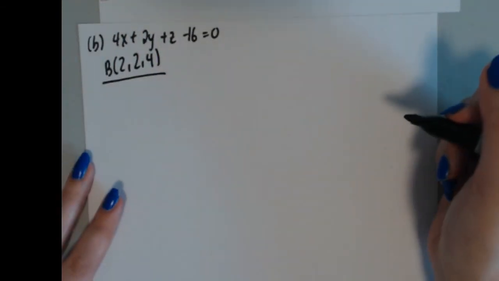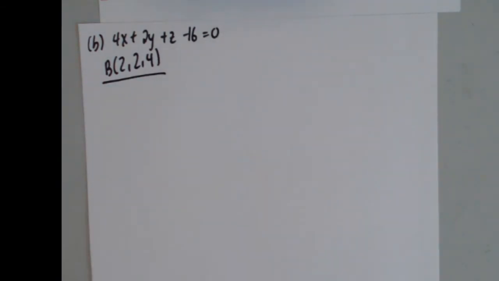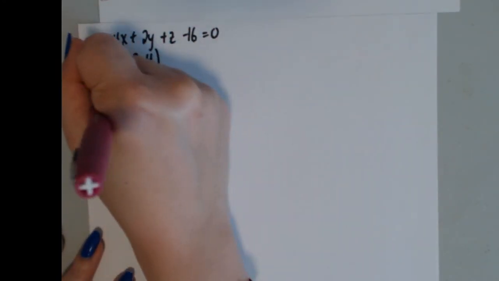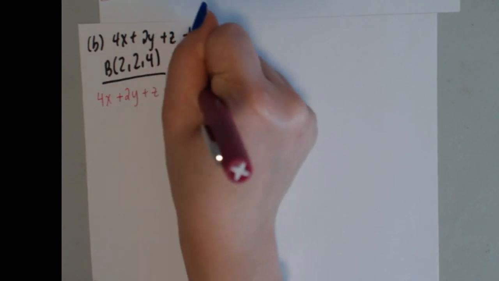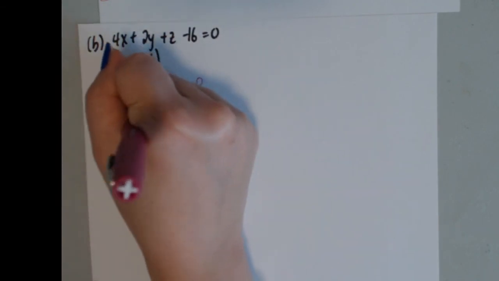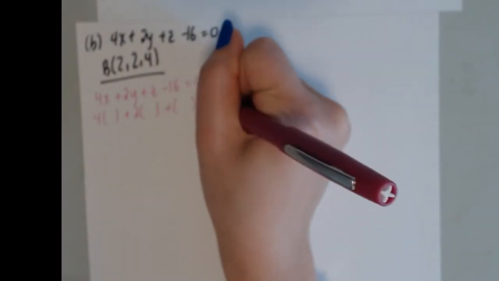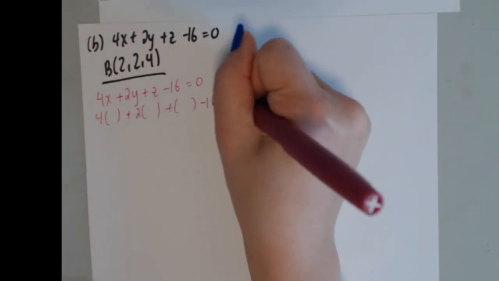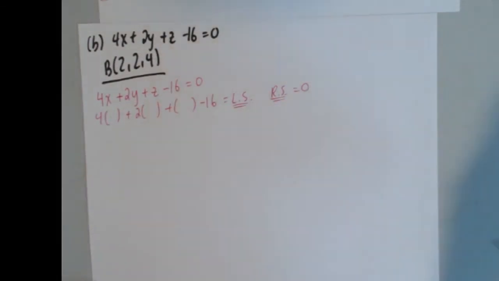Same idea. The first thing you need to do is check to see if the point is on the plane already, because if it is, you're going to save yourself a lot of time. So here we go: 4x plus 2y plus z minus 16 equals 0. Leaving blanks here for x, y, and z, minus 16. This would be the left side, and we want the right side to equal 0.